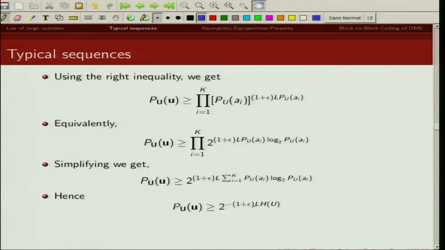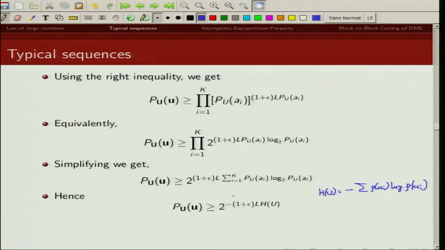Now this minus summation from 1 to k of P(a_i) log P(a_i), that is basically given by the entropy function. So entropy function we know is minus summation of P(a_i) log P(a_i), right?